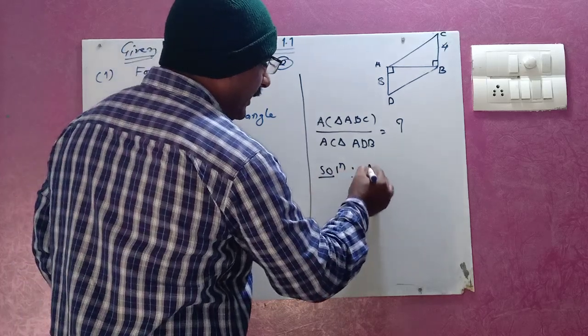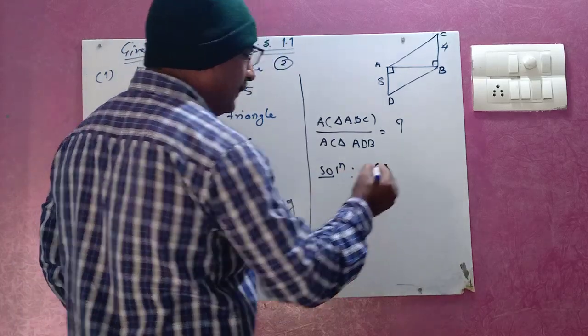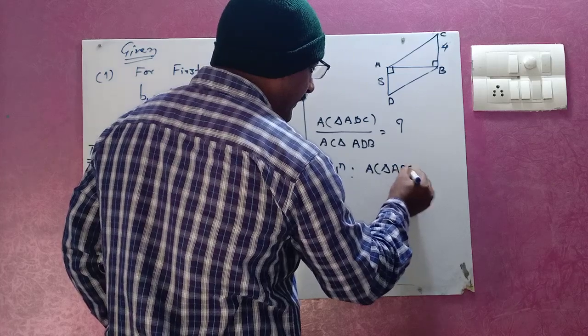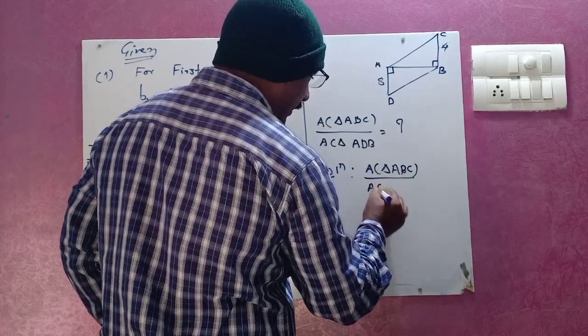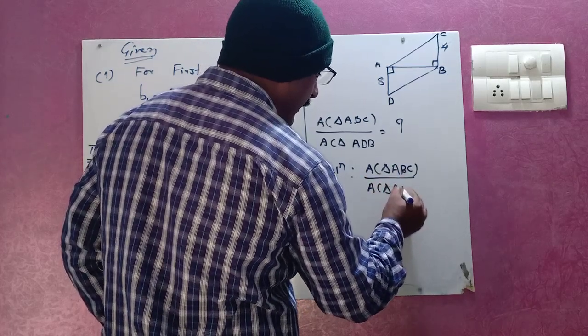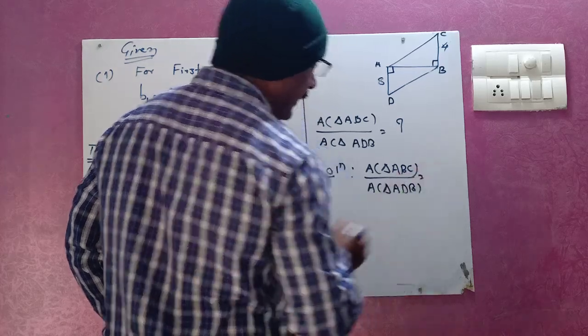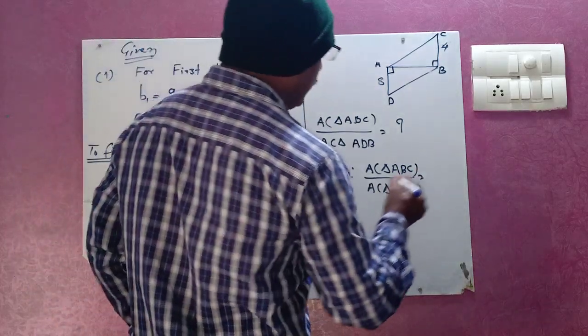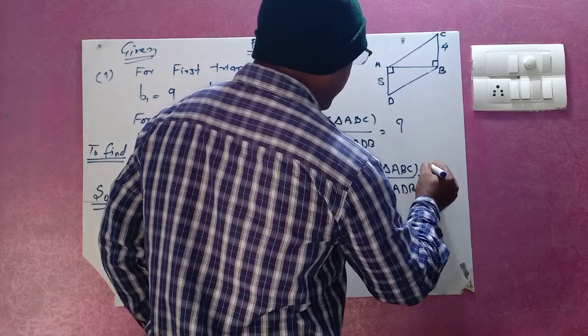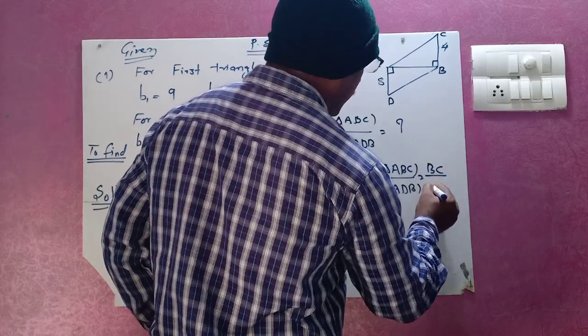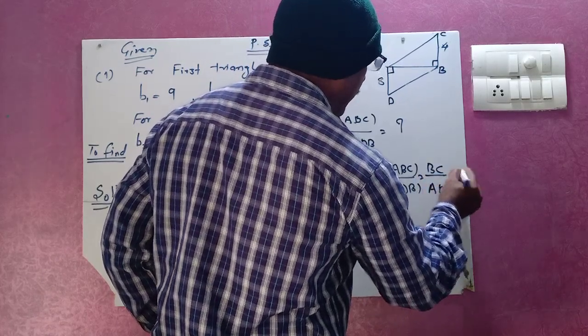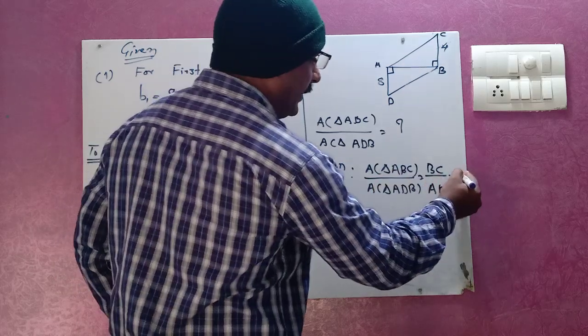Here directly you write area of triangle ABC upon area of triangle ADB is equal to BC upon AD. No need to write height here, but write down the reason.